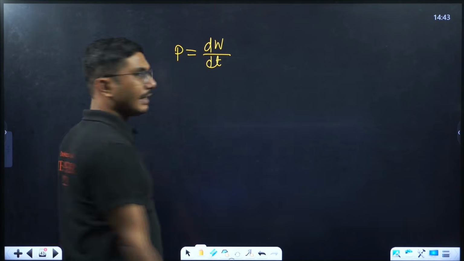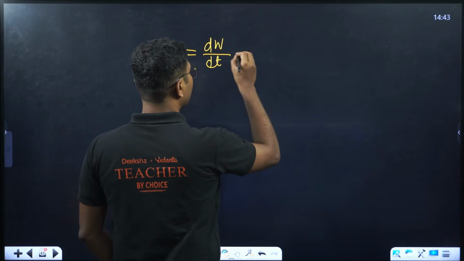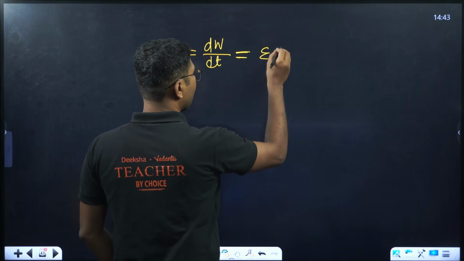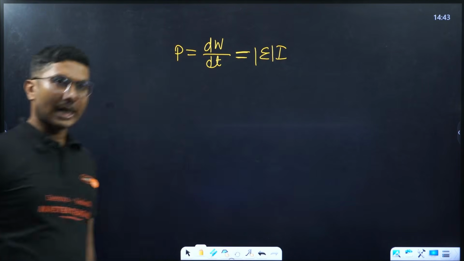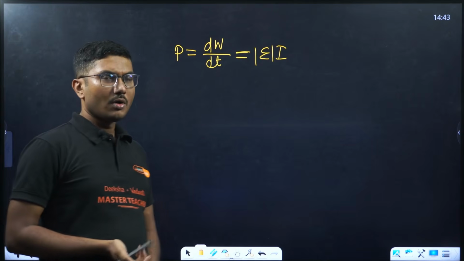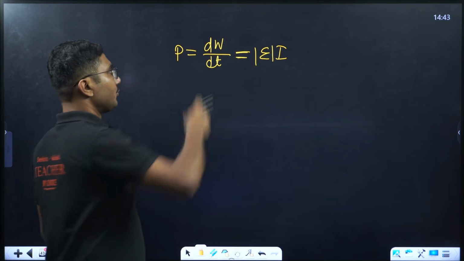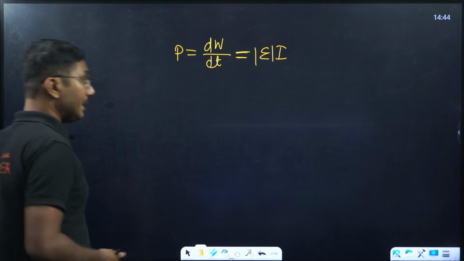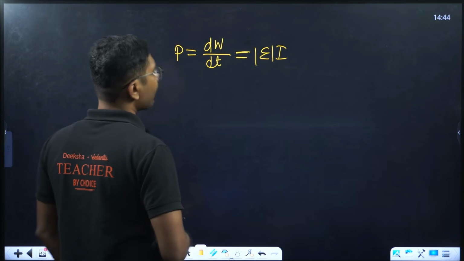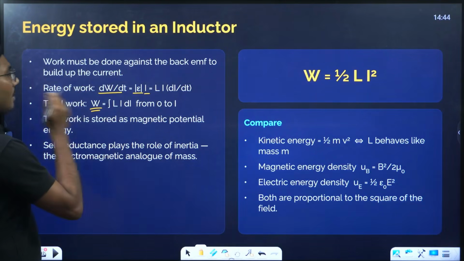Power is rate of work done, and that is given by EMF into I. Obviously we are only considering the modulus, not the sign. This is not from Faraday's law, so we do not need to consider any sign of EMF. So dW by dt is equal to E into I. Our main target is to calculate the work done by this method.